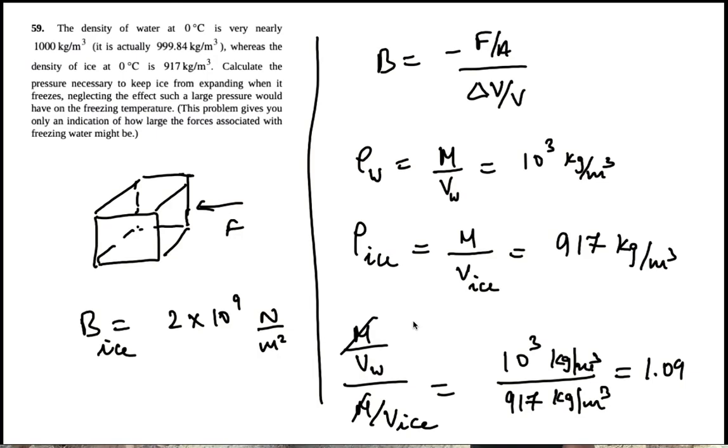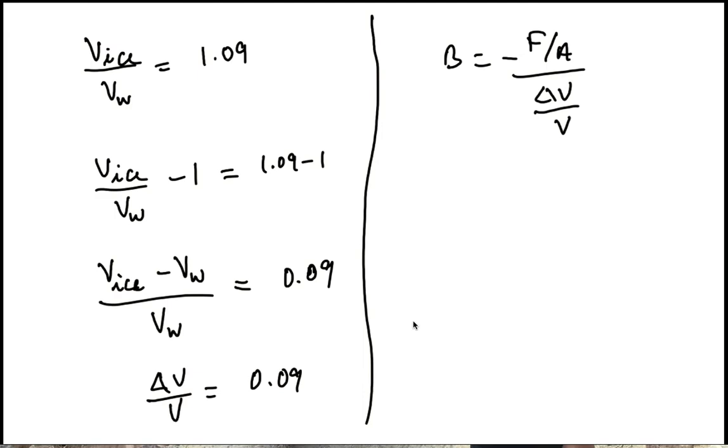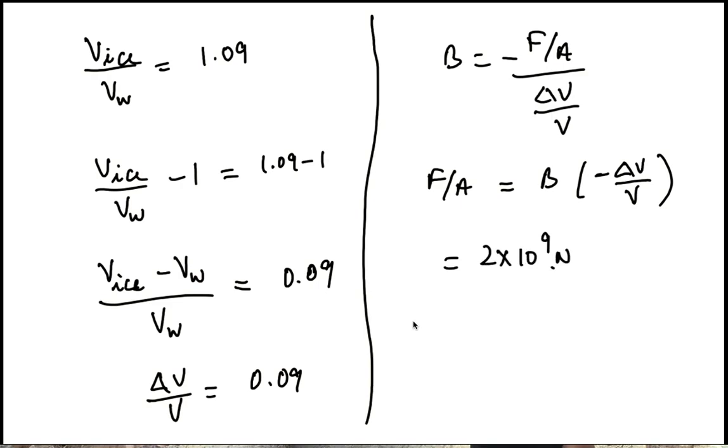So force over area is equal to the bulk modulus, 2 times 10 to the 9 Newton per meter squared, times minus 0.09.